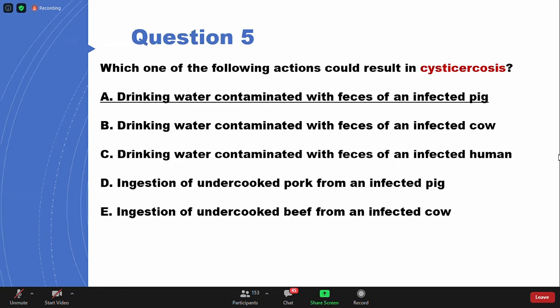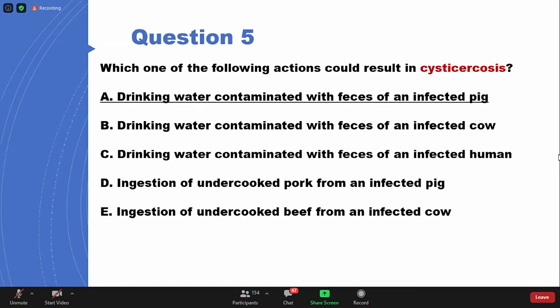Oh, I think you're right. Yes, the right answer is C. I agree with you. Because the pigs are not the definitive host, right? The adult worms are found in humans. I agree with you. We should correct this.